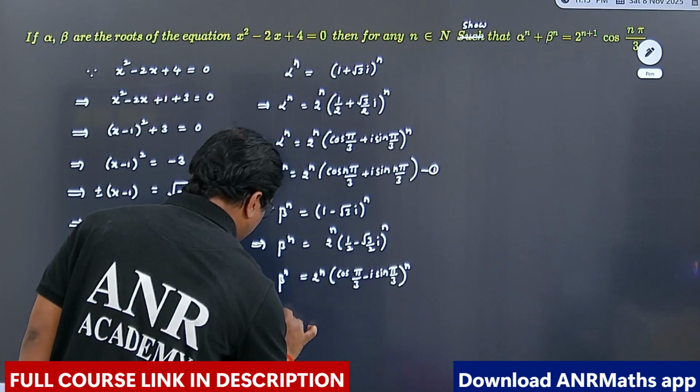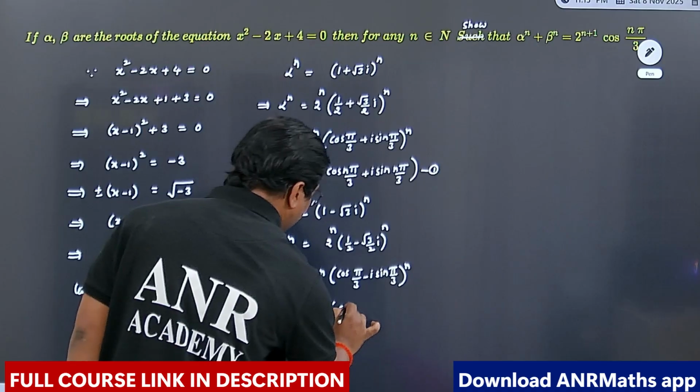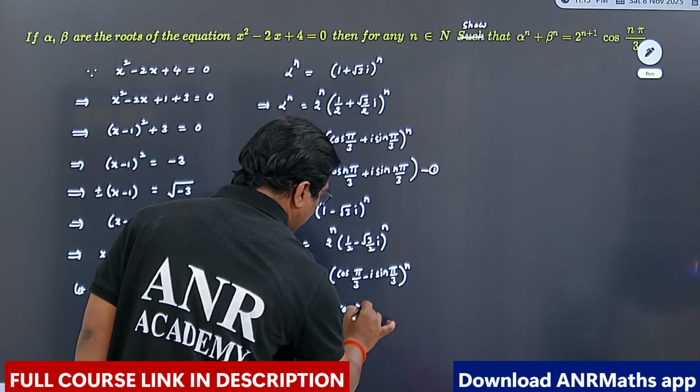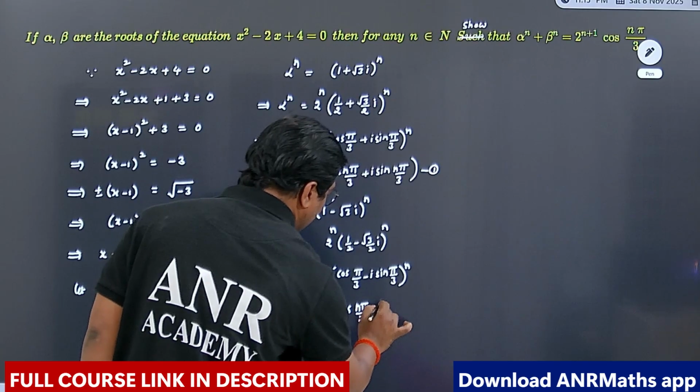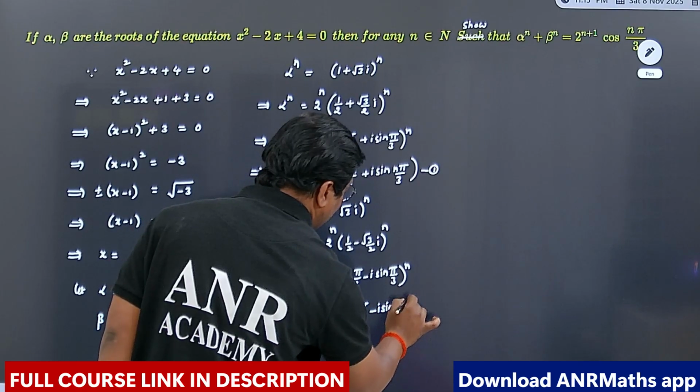Implies what we get? Beta power n equal to 2 power n of, now applying De Moivre's theorem, cos n pi by 3 minus i sin n pi by 3.